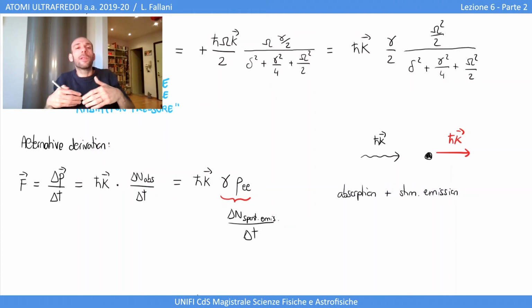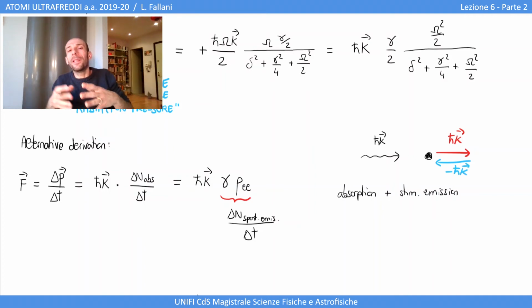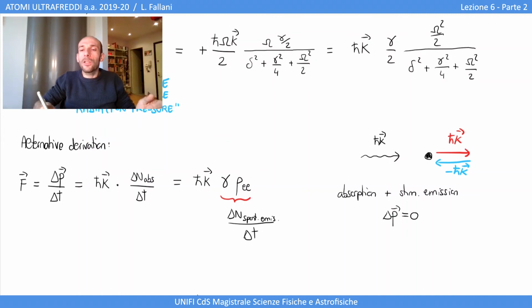But then, during the stimulated emission, the atom will give this photon back to the laser field, and so it will recoil in the opposite direction, losing the momentum h bar k that it gained during the absorption. So on average, in an absorption and stimulated emission cycle, the momentum transfer from the laser to the atom is equal to 0. And so this does not contribute to the force.